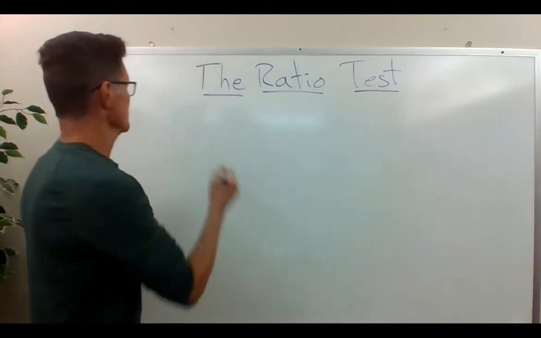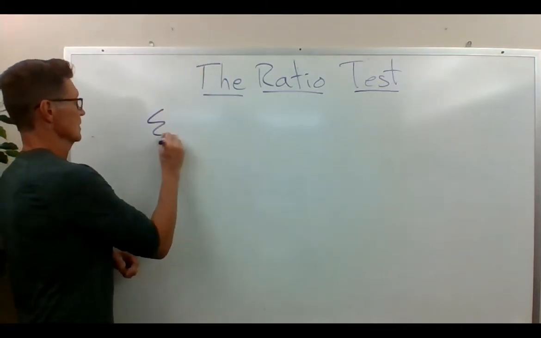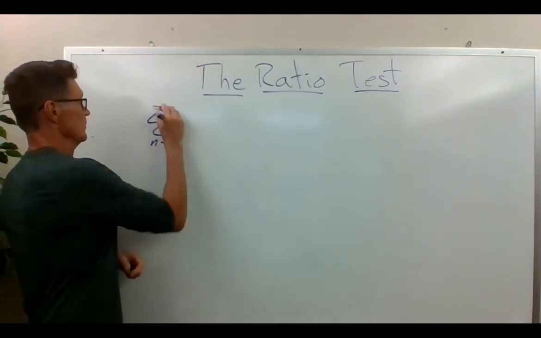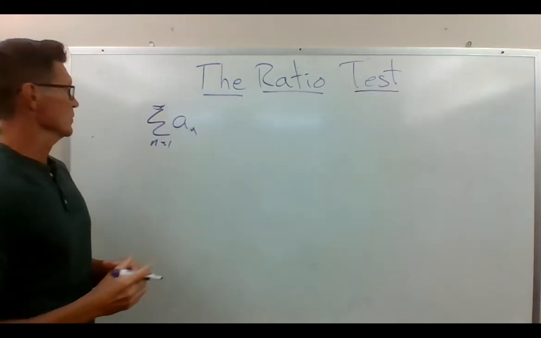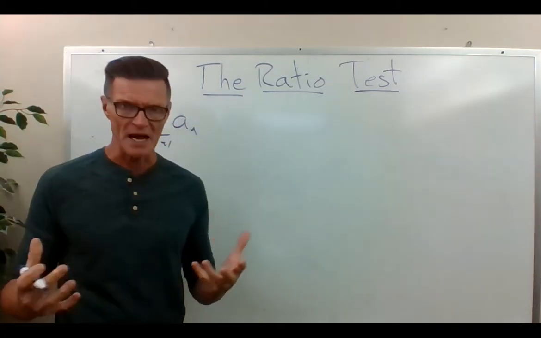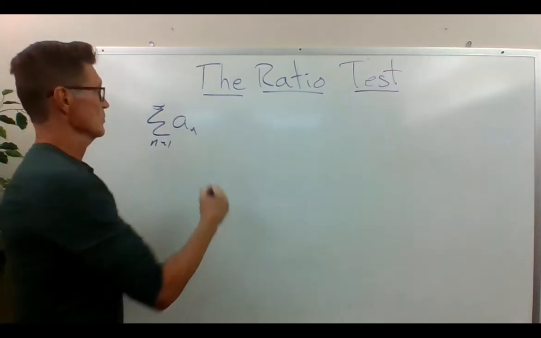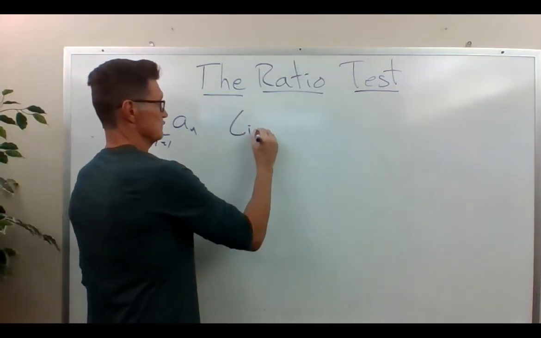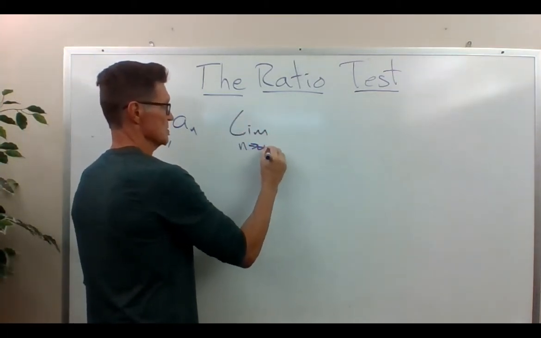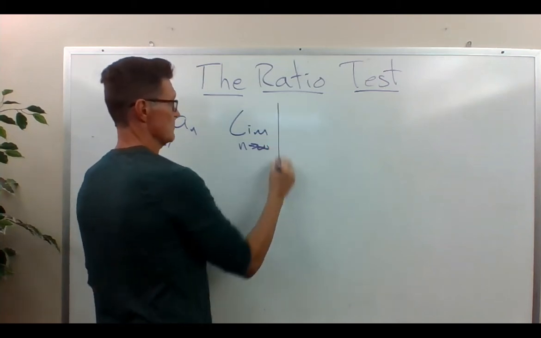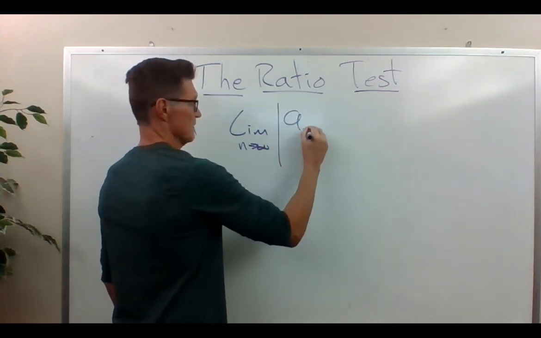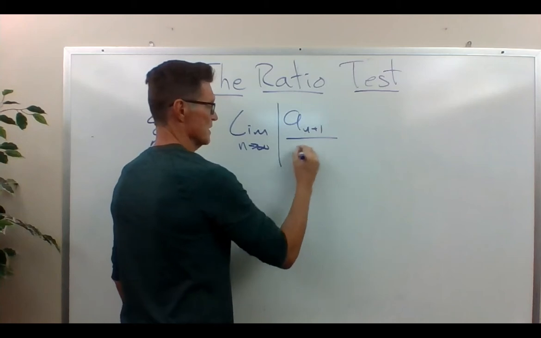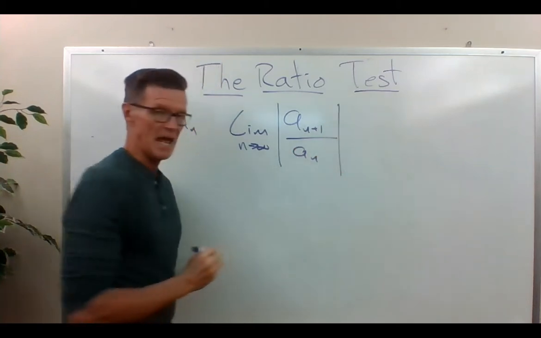So we start with a series. We have a series summation from n equals 1 to infinity of a sub n, and we then take the limit of the absolute value of a sub n plus 1 divided by a sub n.